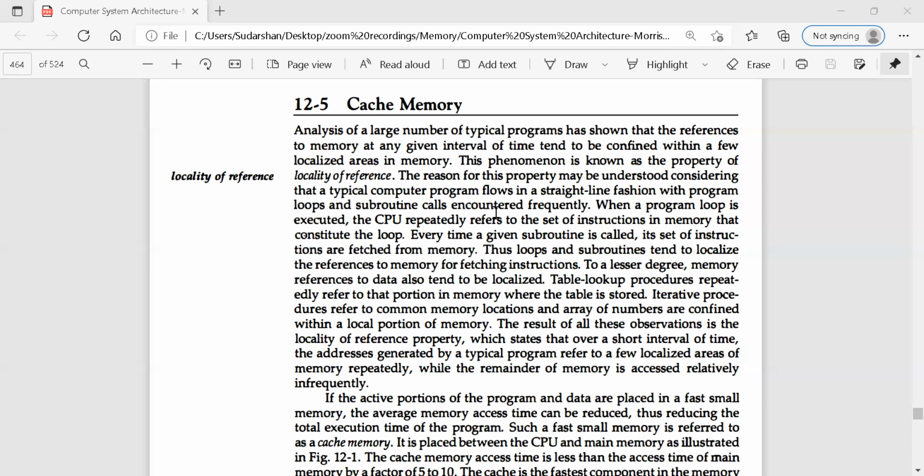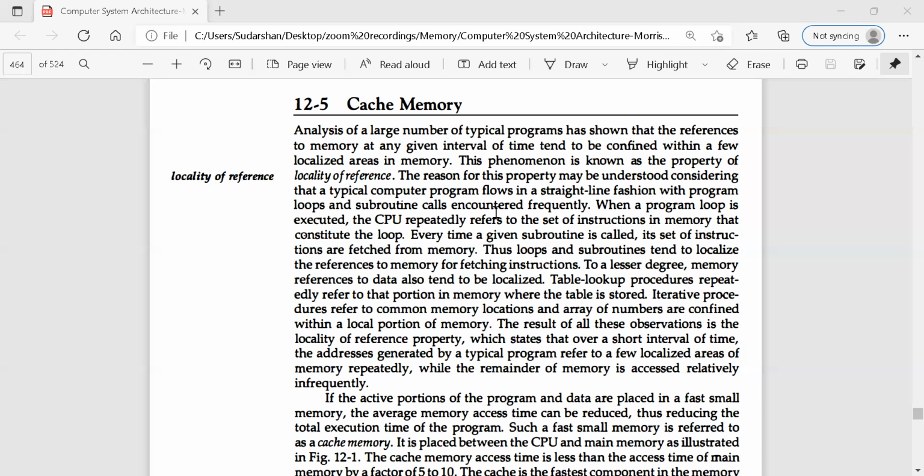You can recall the differences between static RAM and dynamic RAM here, so that you can understand the concept much better. So cache memory's advantage is its speed. Its design principle is based on static RAM and it uses transistors, whereas dynamic RAM uses capacitors and its speed is relatively lower than cache memory.